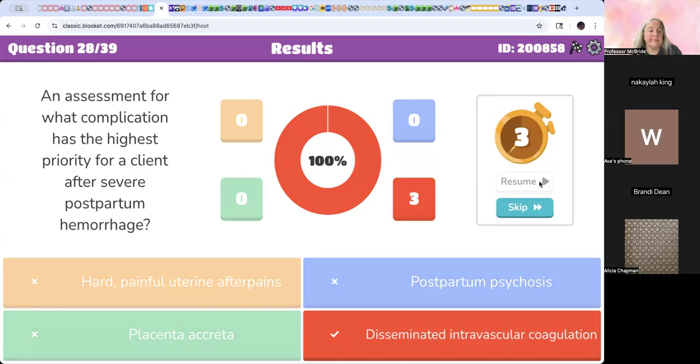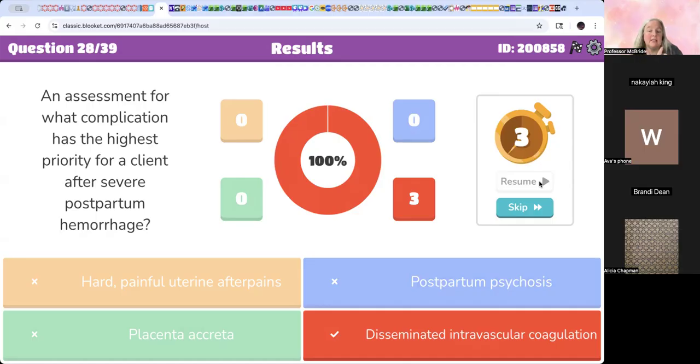Clotting factors like PTT levels. What might we see in our patient on assessment? Blood pressure and pulse. Yep, we can see tachycardia and hypotension as our vital sign changes.